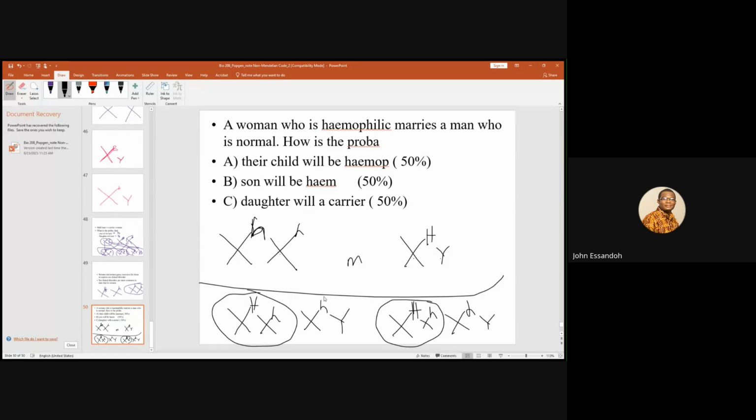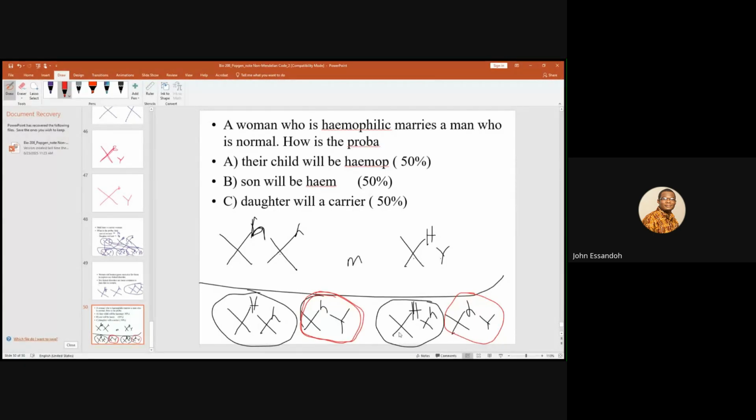You can see all the guys here, let me use red, you can see all the guys here are hemophilic. So once your mother is hemophilic, there's nothing on the planet you can do about it. You will be hemophilic.